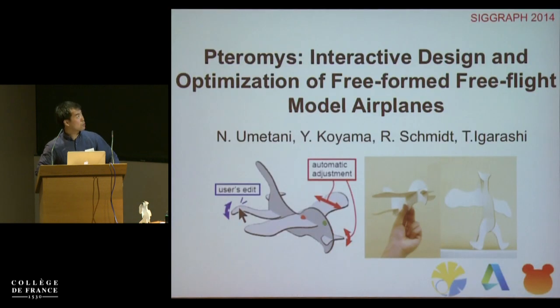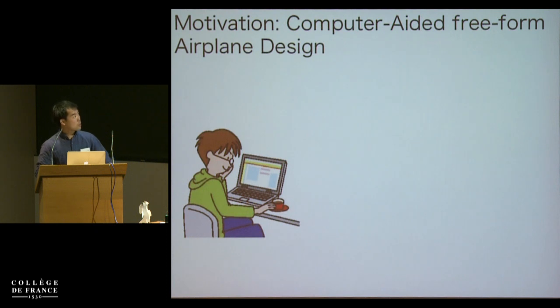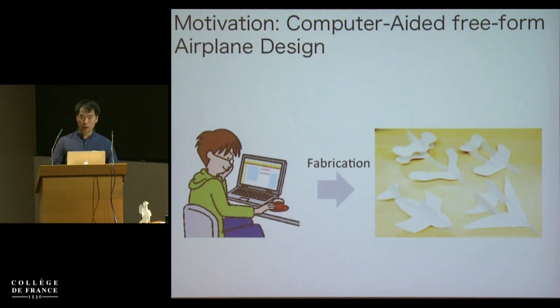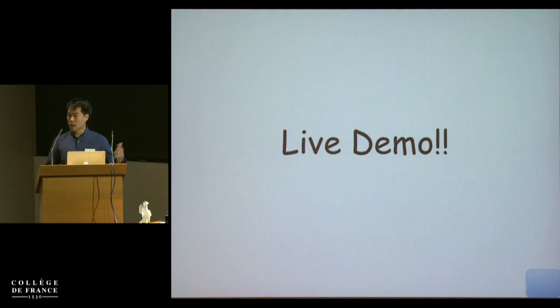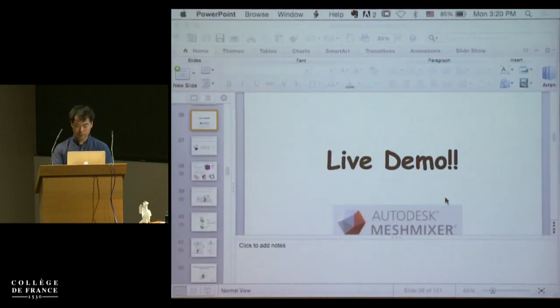And here is a project about airplane design. The motivation is computer-aided free-form airplane design. The user designs an airplane shape with the computer, and then we can fabricate and fly it easily. And here I want to demonstrate our airplane design system.